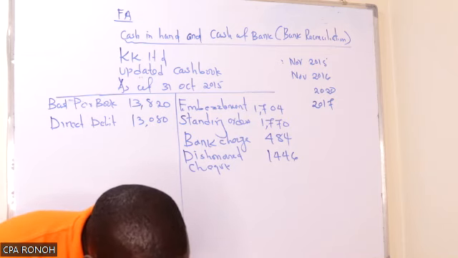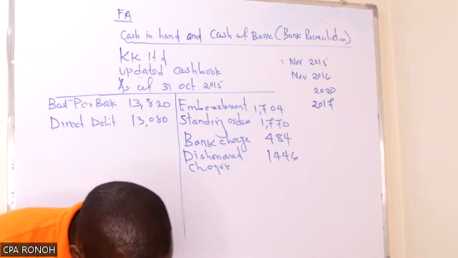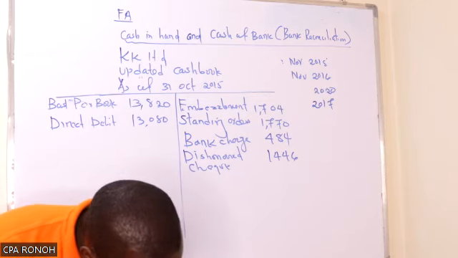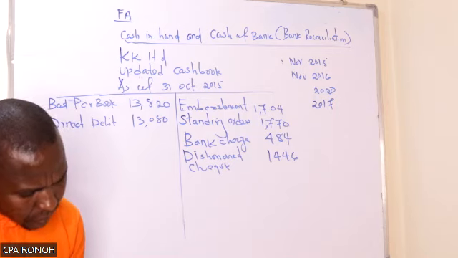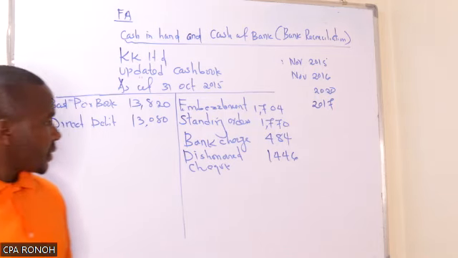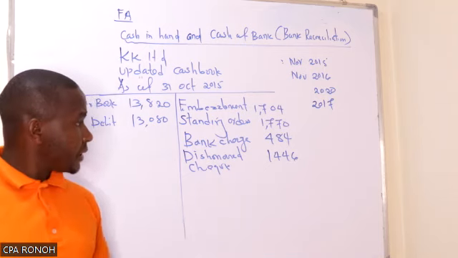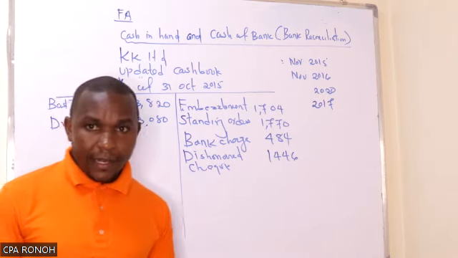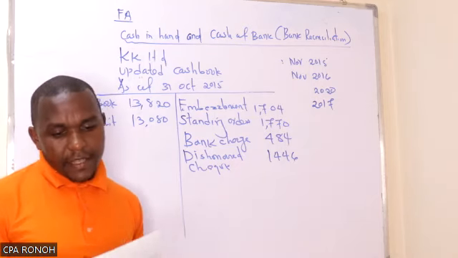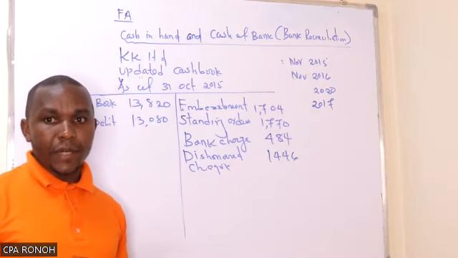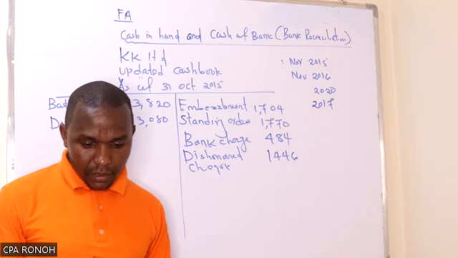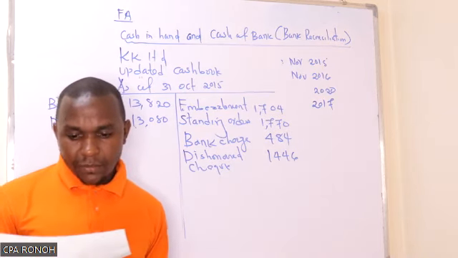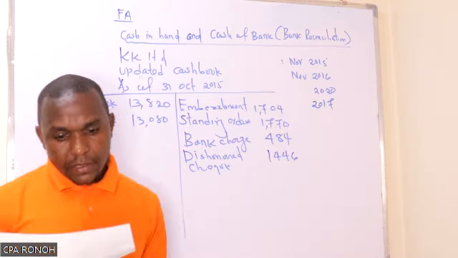Then number 8, a forged check in favor of XYZ Limited was presented to the bank, and the check amount was paid by the bank. So this was a forged check. Let's reason together now. This check was forged by an accountant or someone else. Is it a robbery or how do we classify this incident?